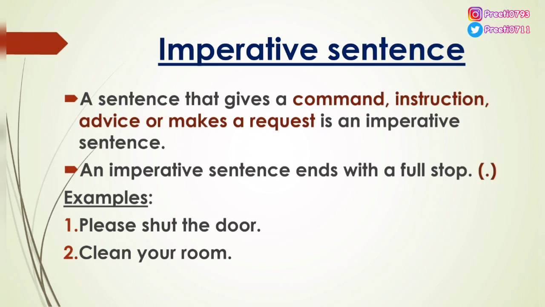So these are the sentences where either I am making a request or I am commanding or instructing someone. Okay, so those sentences where you give command to someone or where you make a request all come under the category of imperative sentence.